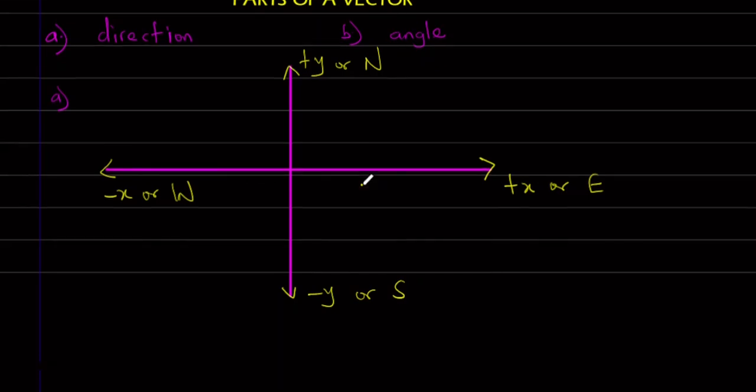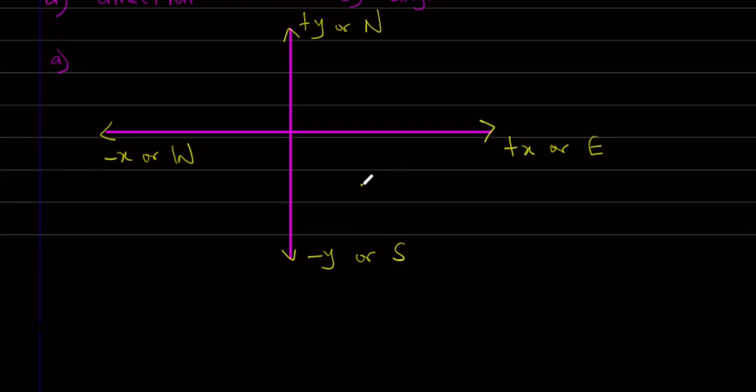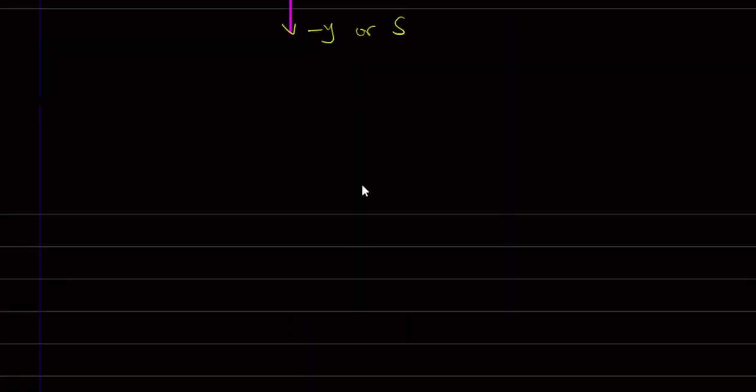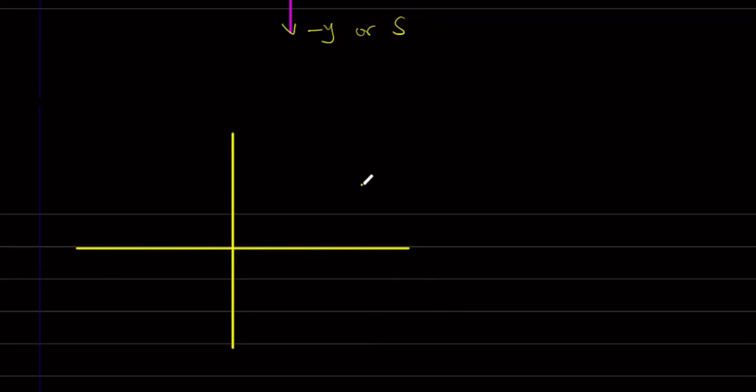Now, let's get it better. Let's start by differentiating the positive and negative x-axis of any vector. Like I have said, this is the positive side of the vector, negative side.